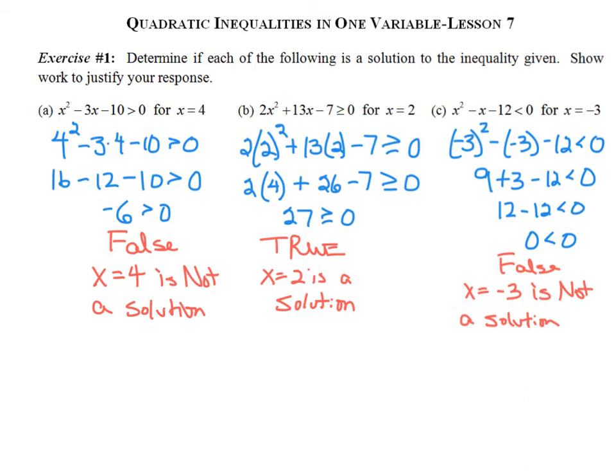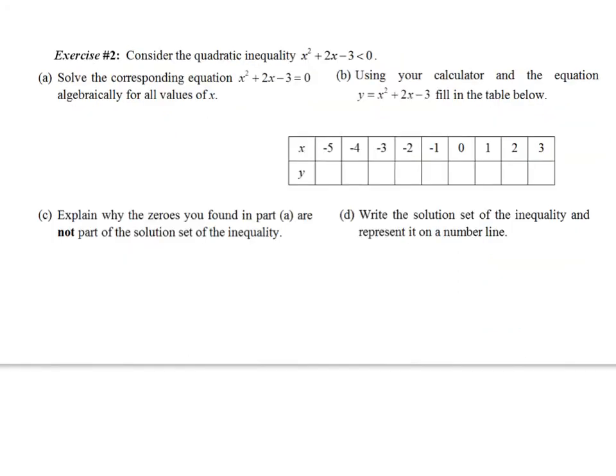So in exercise number 2, we're going to go through a step-by-step solution for the next quadratic inequality. I have the quadratic inequality x squared plus 2x minus 3 is less than 0. We're going to start by solving the quadratic equation, x squared plus 2x minus 3, and I'm changing this to equals 0.